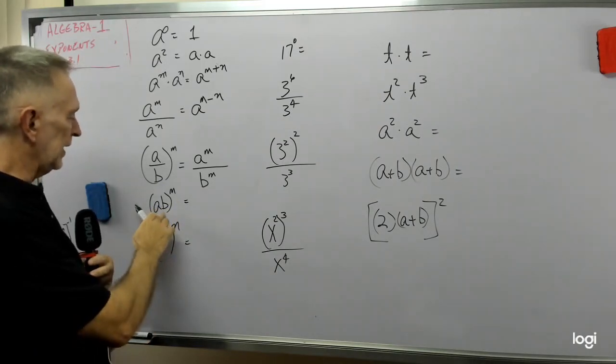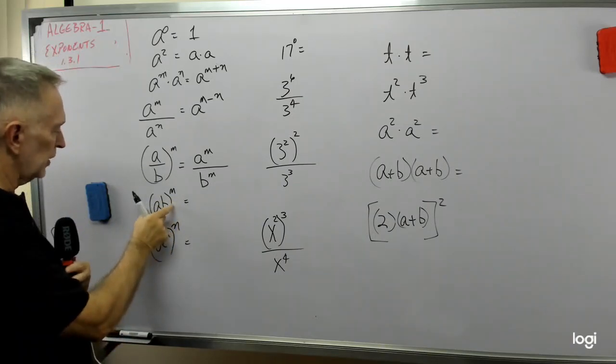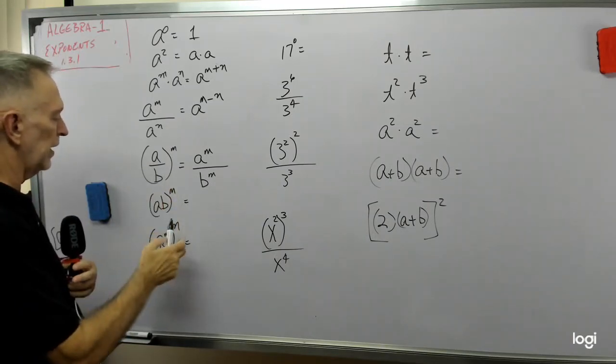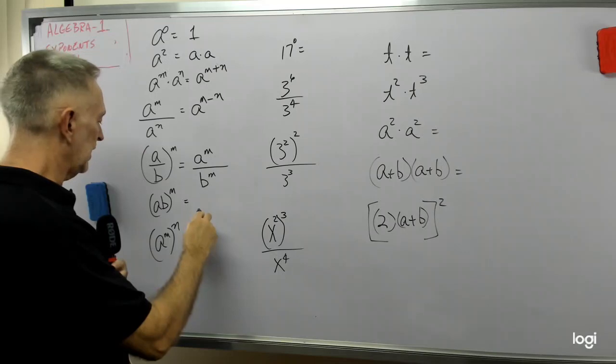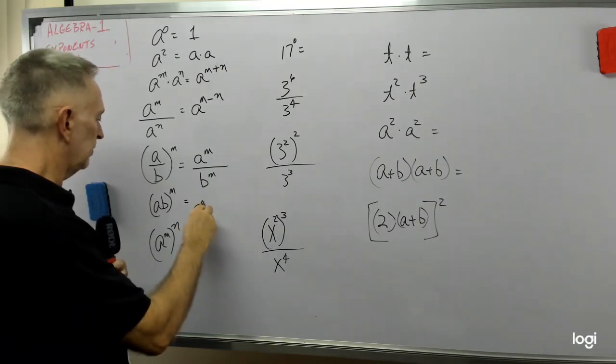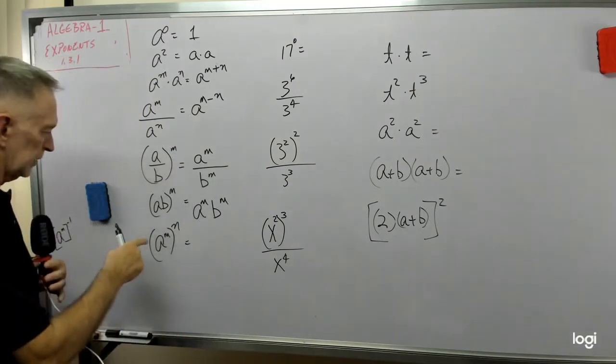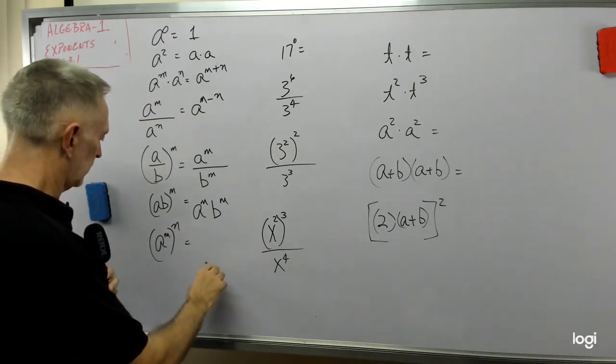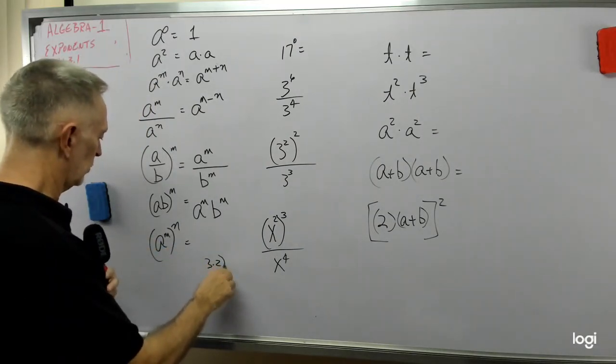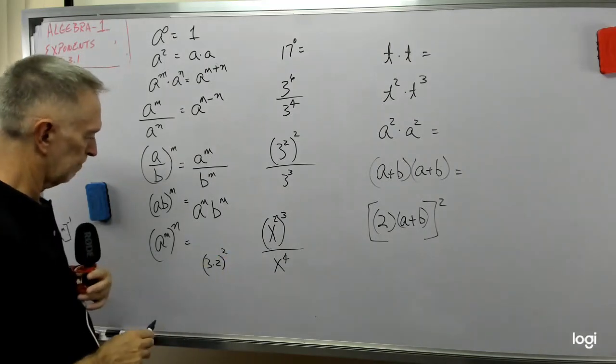Okay, ab to the m, the parentheses of ab raised to the m power, is the same as a to the m times b to the m. Let's see, what would be an example here? Let's say 3 times 2 raised to the second power.